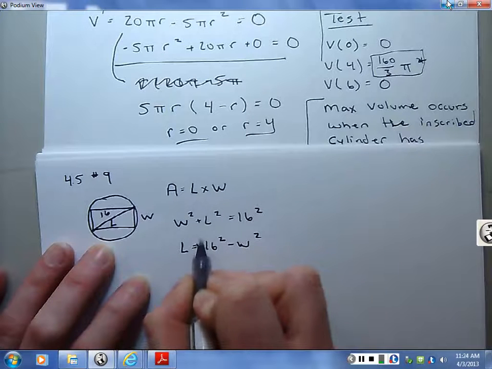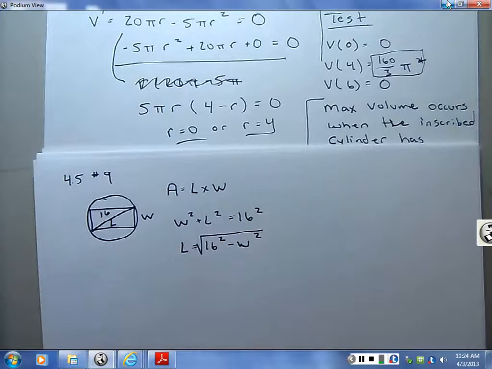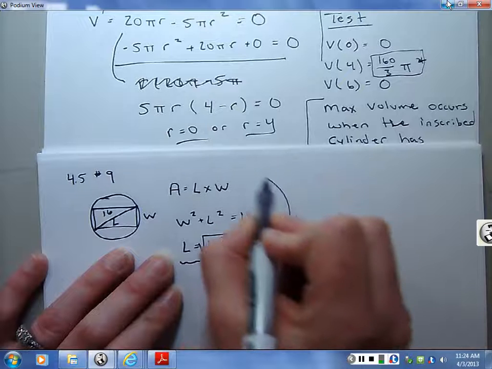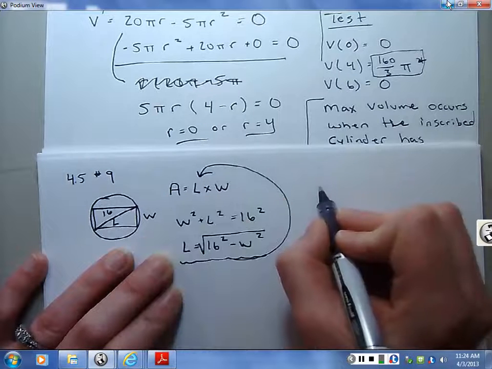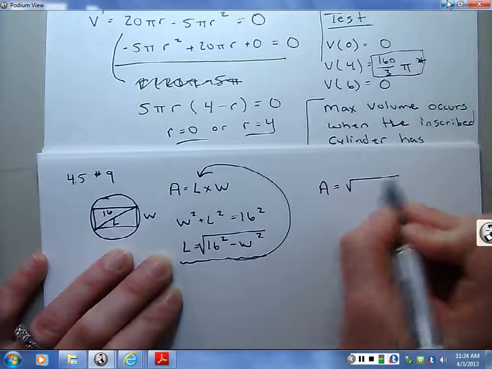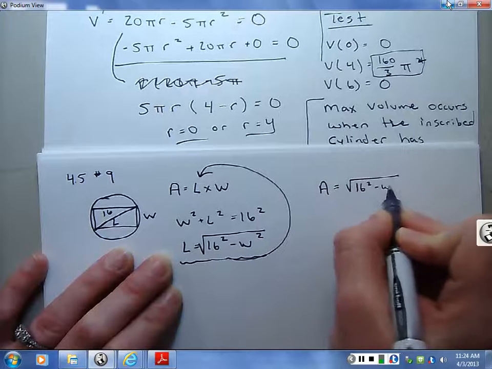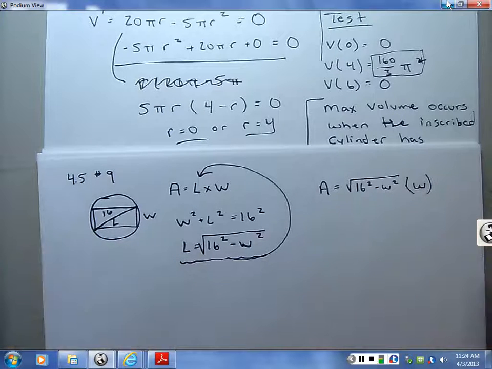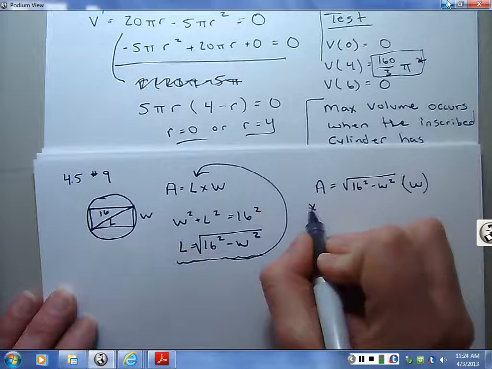We're dealing with distance, so we can ignore the negative one. I plug that back into my area formula. So area is the square root of 16 squared minus W squared, times W. This is the function I want to maximize.